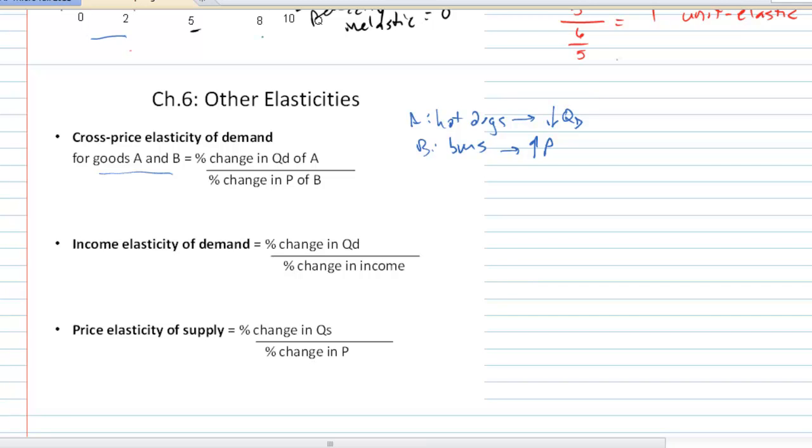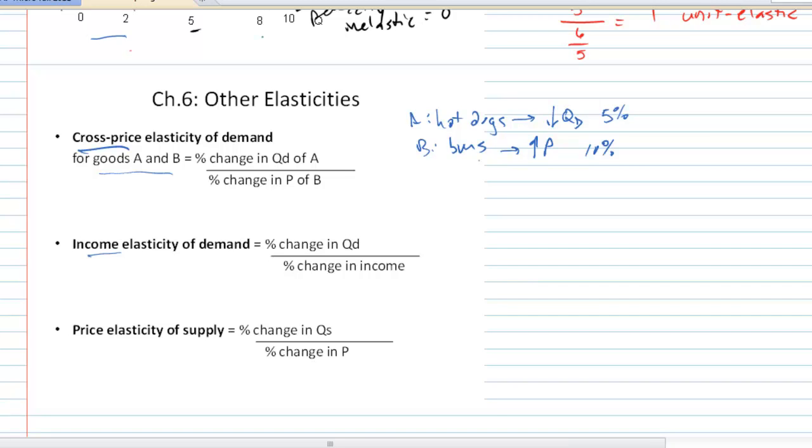And if we could put numbers on this, let's say that the increase in price of hot dog buns is 10%, and that decreases the quantity of hot dogs demanded by 5%. We can find what's called the cross-price elasticity of demand using this formula. Again, the quantity goes on top, as it always does, and now the sign is important when you're working with cross-price elasticity of demand and income elasticity, which we'll do next.